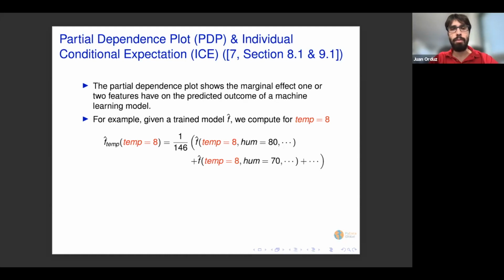The first thing that I want to study is what I call partial dependency plots. The idea here is to try to understand the effect of a specific feature on a target variable by marginalizing it over the whole data set.